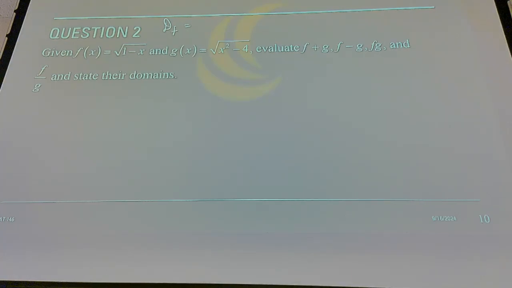If x is 5, what are you taking the square root of? Are you allowed to do that? No. So you used the wrong inequality. Negative infinity to 1. Right, what's under the radical has to be greater than or equal to 0.